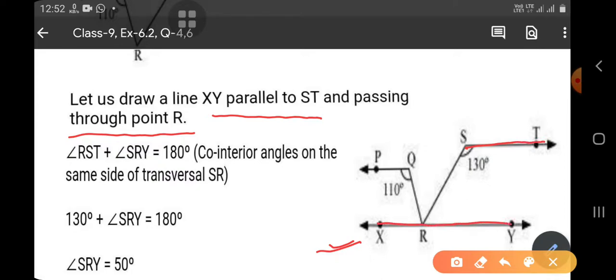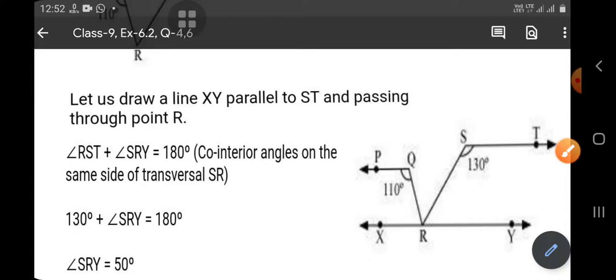If this line is parallel to this line, then RS will be the transversal. It means that this angle and this angle will be co-interior angles, and we know that the sum of co-interior angles is 180 degree.